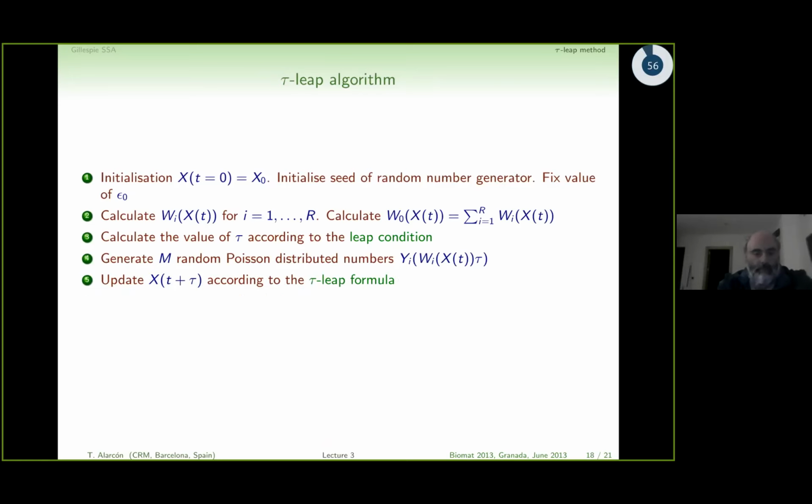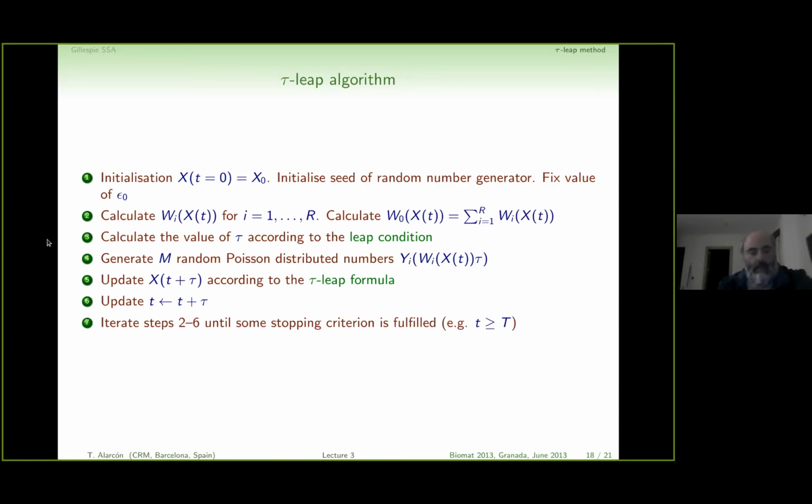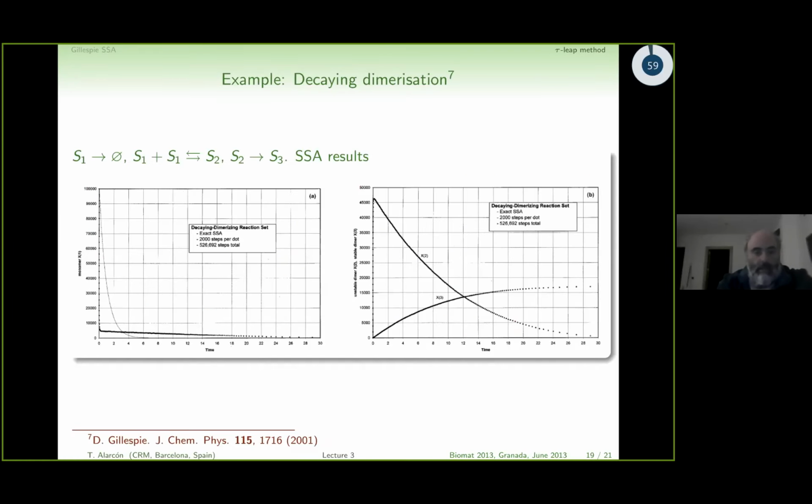Then we update the time, just as in the Gillespie algorithm, by tau, and again we iterate steps 2, 3, 4, 5, and 6 until some stopping criterion is fulfilled.